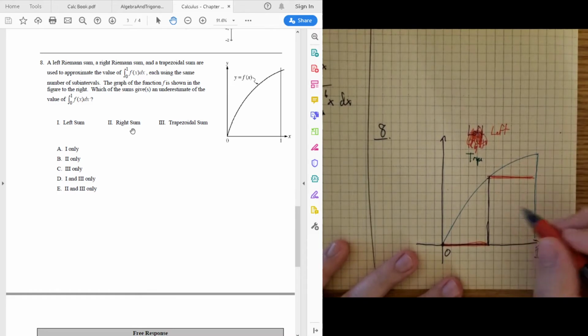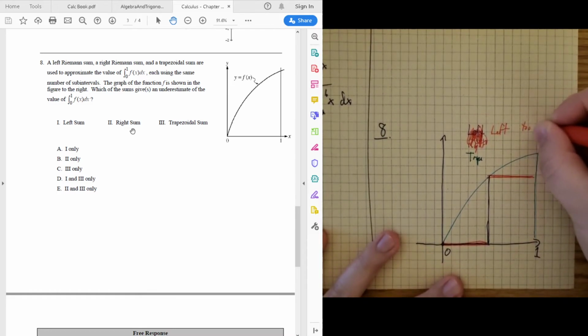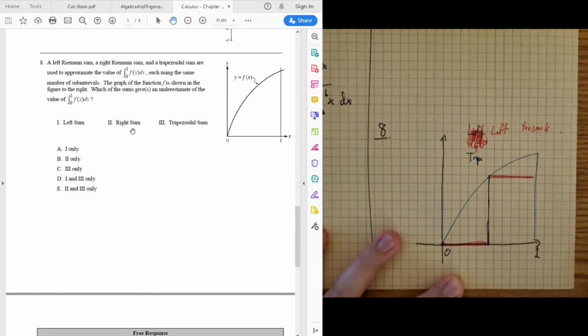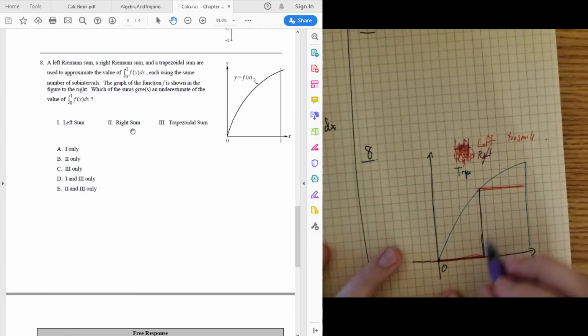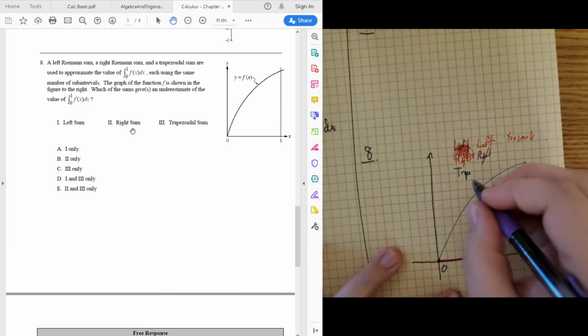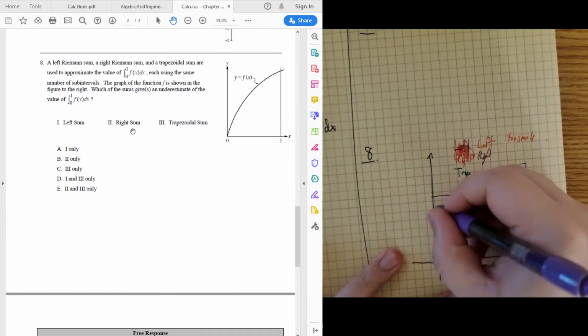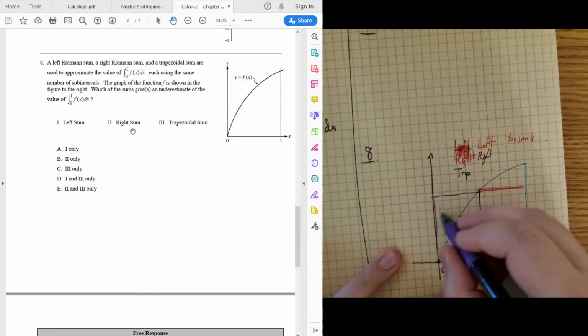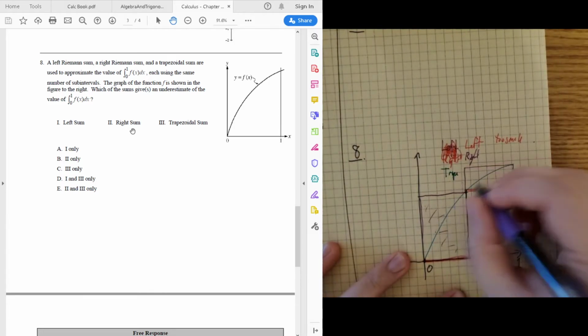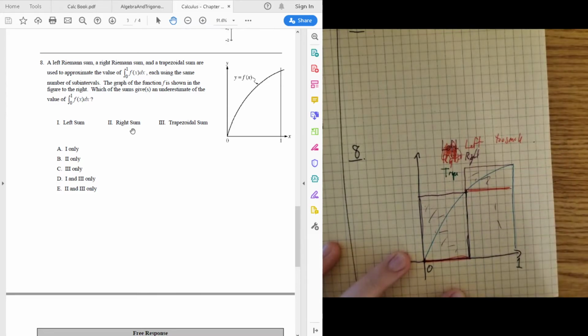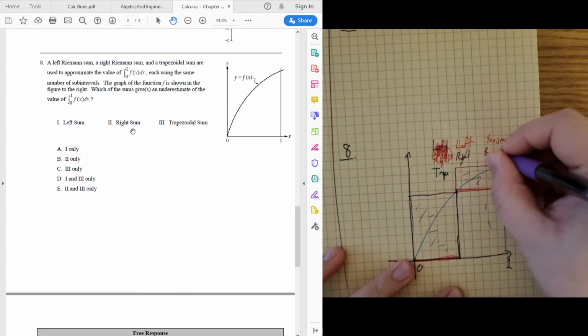Okay, my left one, this is too small. If I compare this to the right one, the right-hand one for this first rectangle is going to use the right-hand value, which is over here, which tells me it's going to use this piece, and the second one is going to use that piece. As you can see, this one is too big.